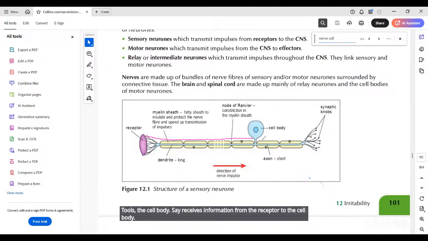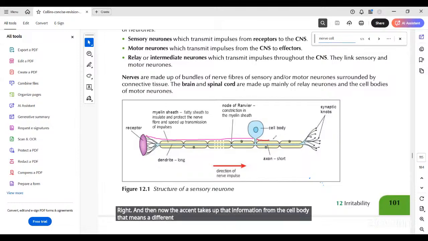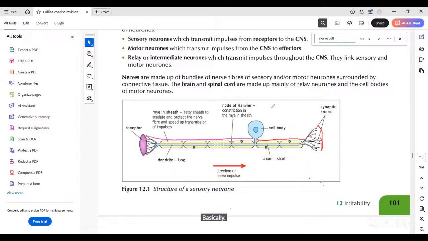Right? And then the axon takes up that information from the cell body. Let me use a different color. It takes it from the cell body to another nerve cell. Right here would be another nerve cell. So it takes it away from the cell body.